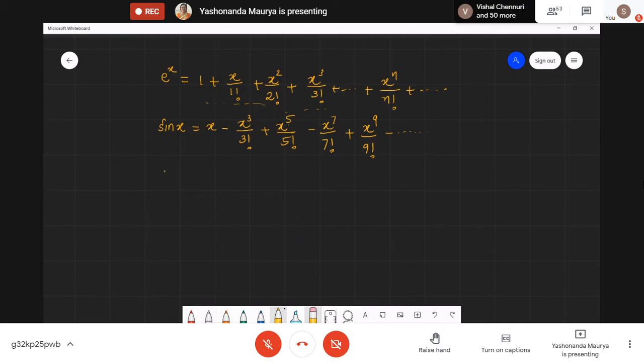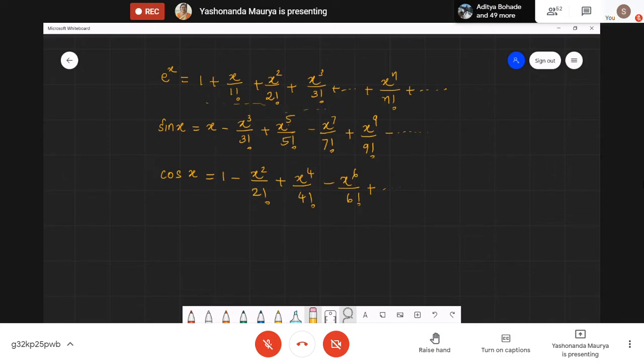Similarly, we have an expansion for cos x. What is that? Cos x is equal to 1 minus x square by 2 factorial plus x raised to 4 divided by 4 factorial minus x raised to 6 divided by 6 factorial and plus so on. Now over here, this contains all the even powers, the even terms from this particular sequence.